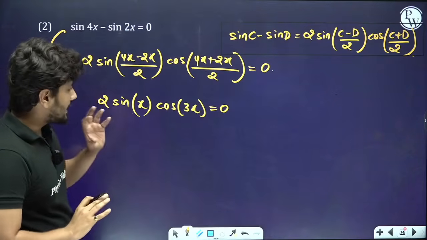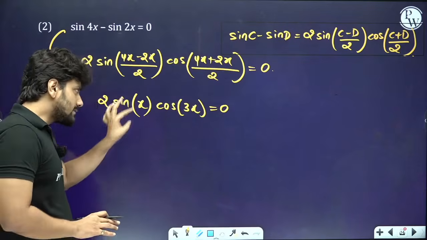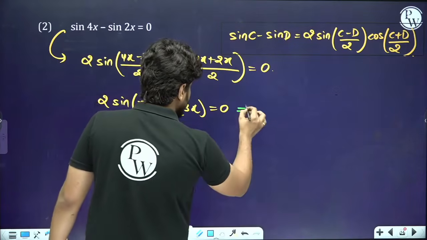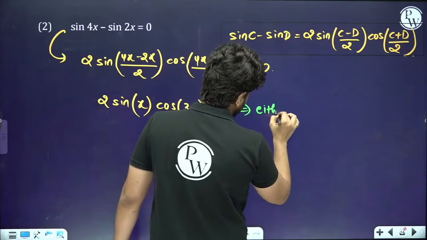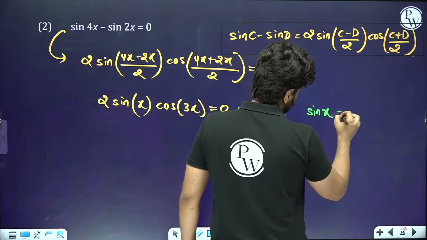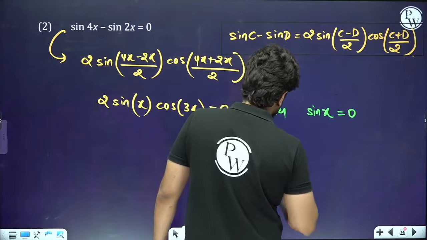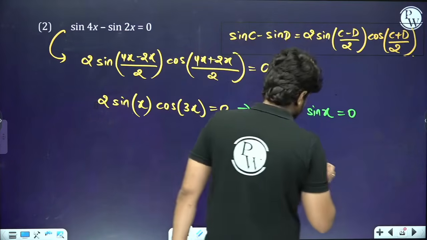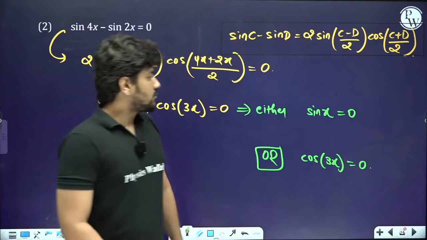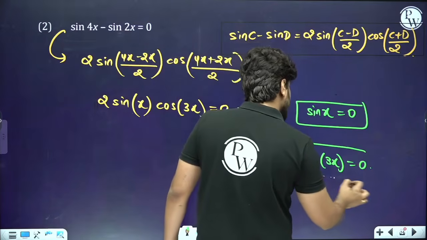Now we can write its solution. See, if the product of two things is equal to 0, then either this thing will be 0 or this thing will be 0, right? So from here we can say that either sin x will be 0 or cos of 3x will be 0.